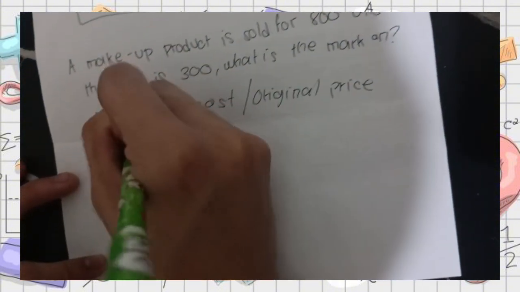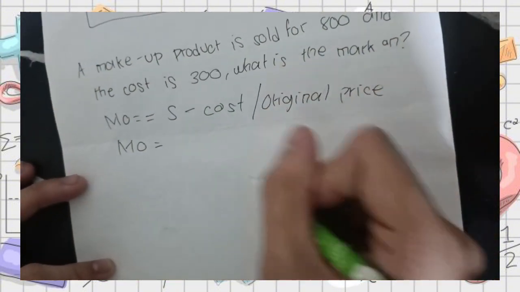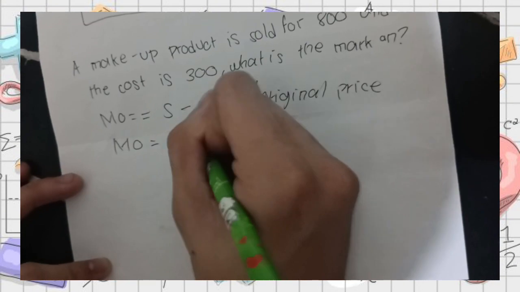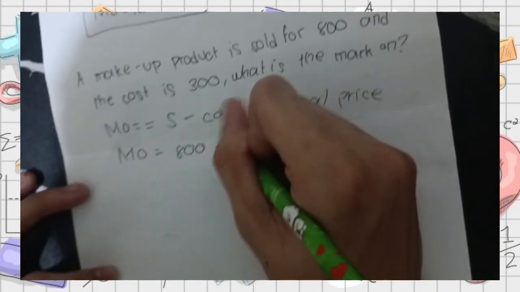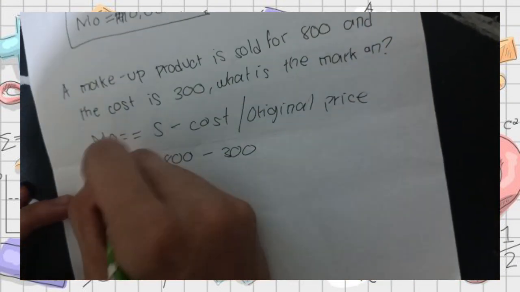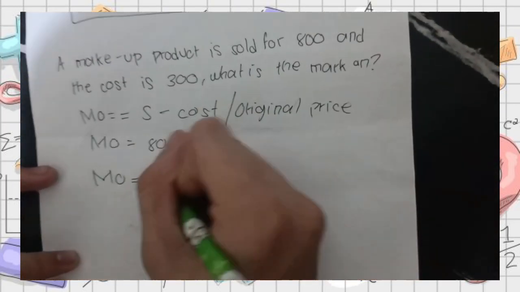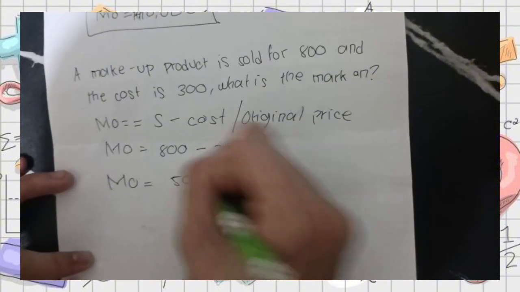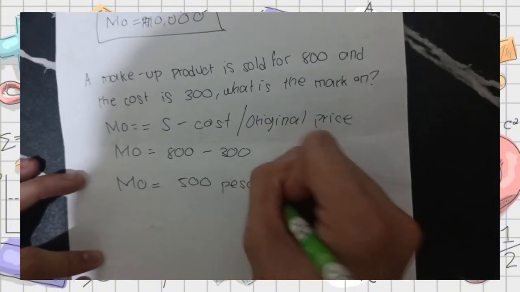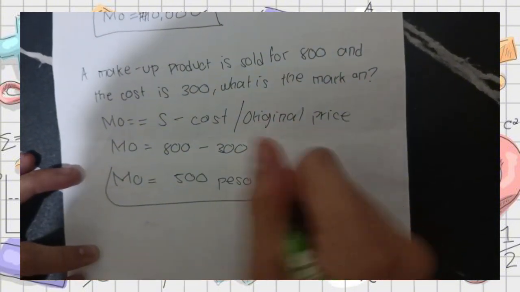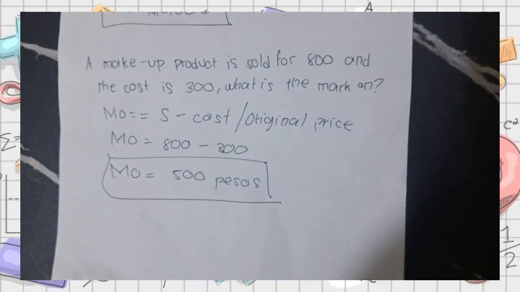Then, pag kinompute na natin yan, okay, MO equal to 800 minus 300. Then, ang magiging sagot ay 500 pesos. So, ang markon natin dito ay 500 pesos.